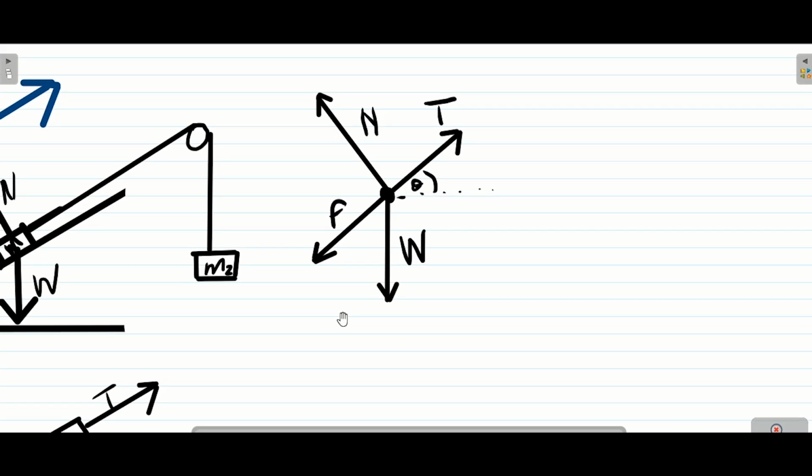So let's look at object 2, M2. If we had to draw a free body diagram for that, we'd put a dot. We know that weight W is acting on the object since it has a mass. And we know that it is held by a string that has tension.